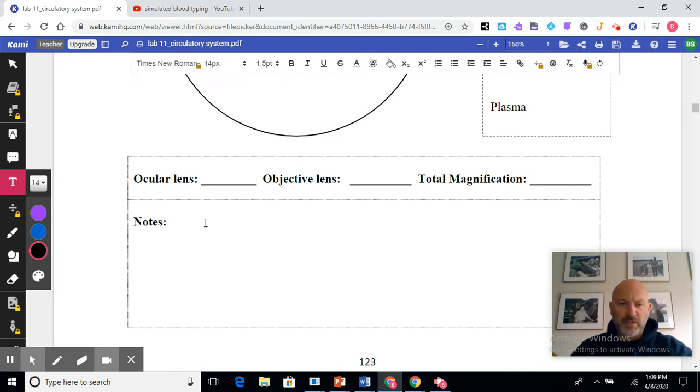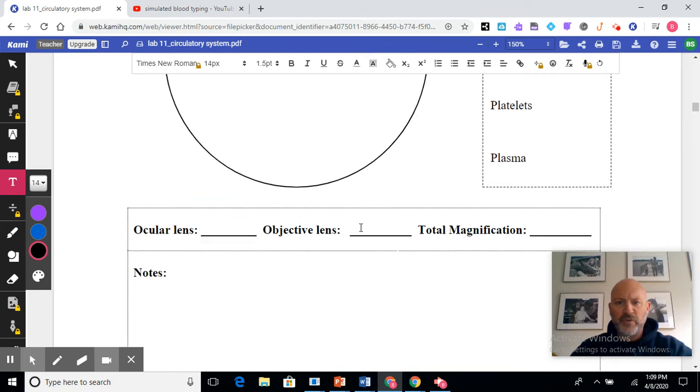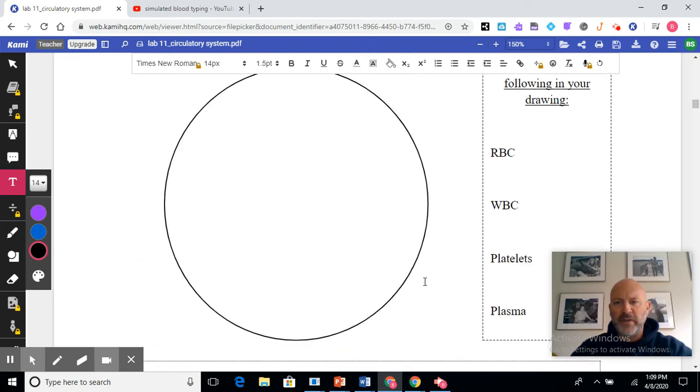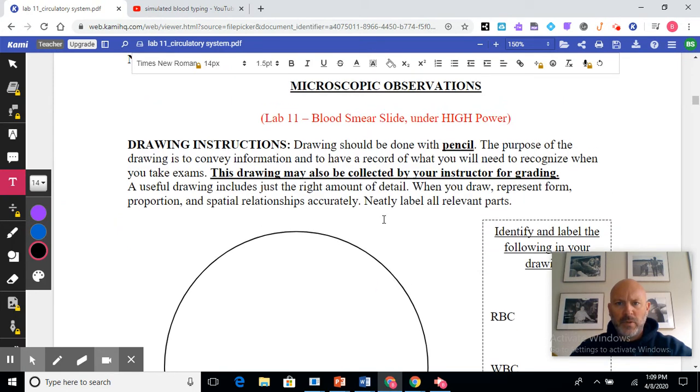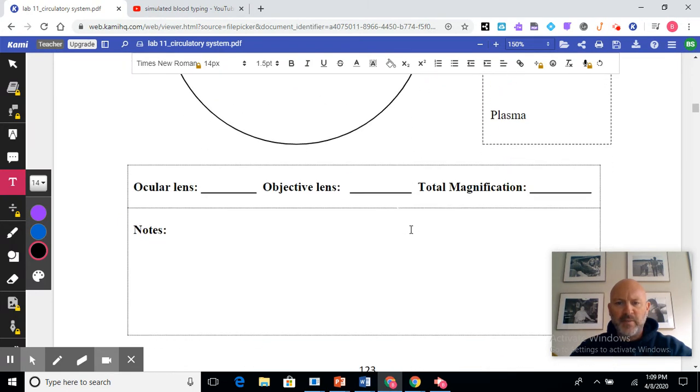I already told you that the red blood cells are between 5 and 7 micrometers large, so no need to do that. So just skip the notes for now. Just fill in the lenses and the total magnification, and do the drawings and labelings.